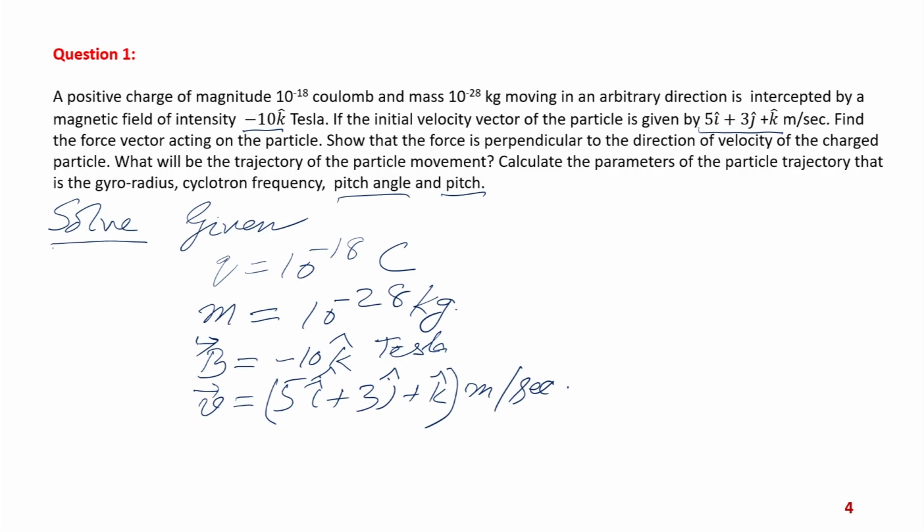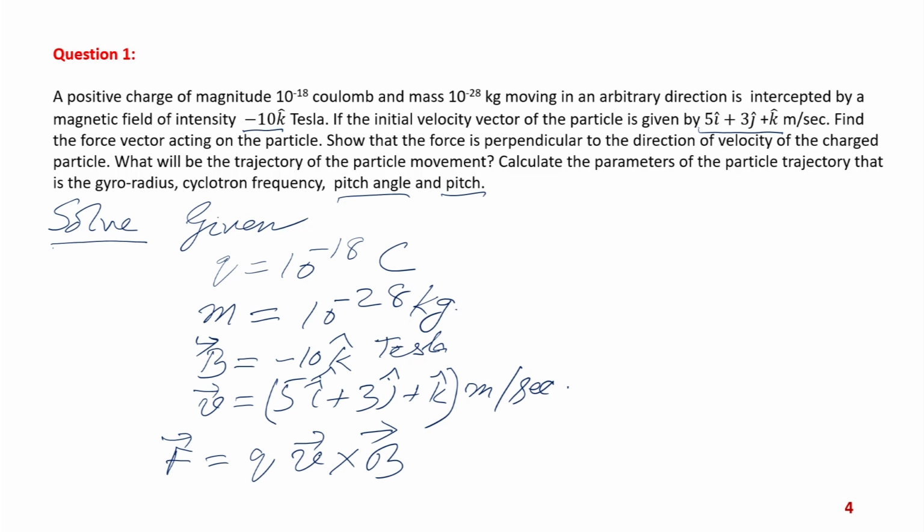So now you can calculate the Lorentz force. Lorentz force is q times the cross product of the velocity vector and the magnetic field vector. We have been asked to prove that the Lorentz force is perpendicular to the velocity vector.